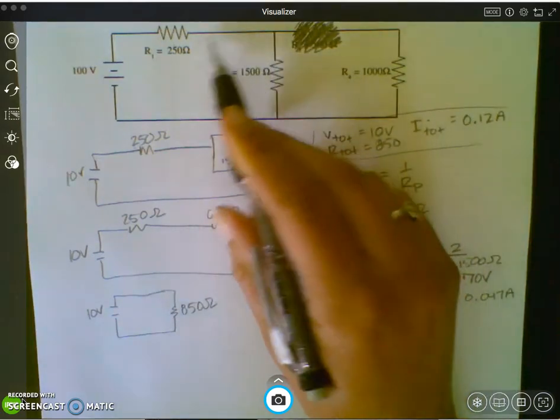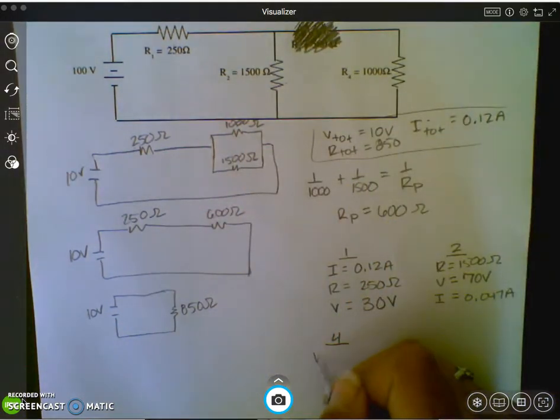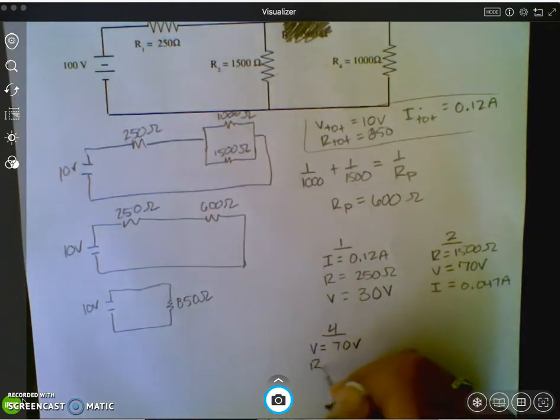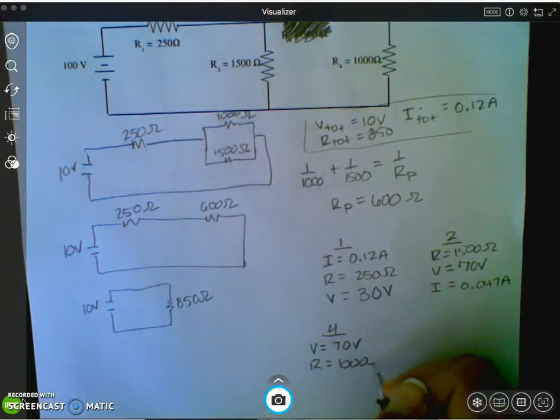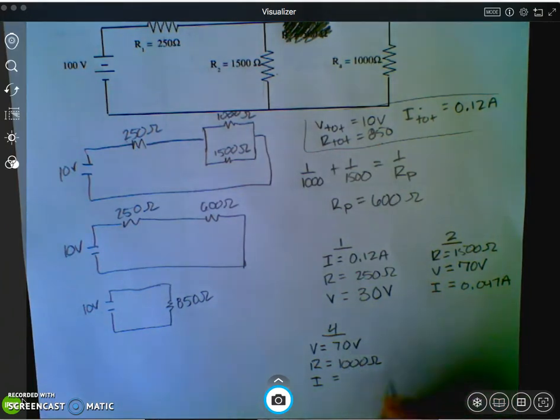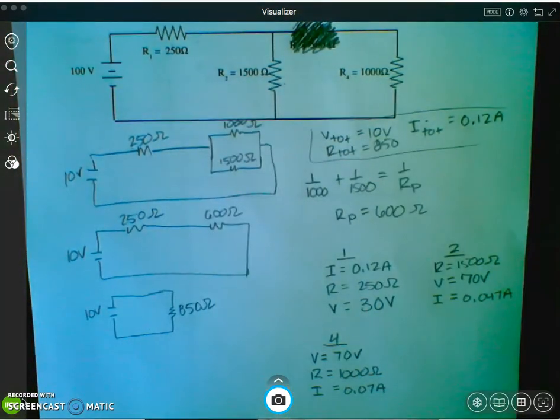Since the trucks can either go here or there, this one's also going to have a 70 volt drop. We know the resistance is 1000 ohms, and we can use V equals IR, so 70 divided by 1000 gets our current, which is 0.07 amps. Now we've established all the values for all the resistors.